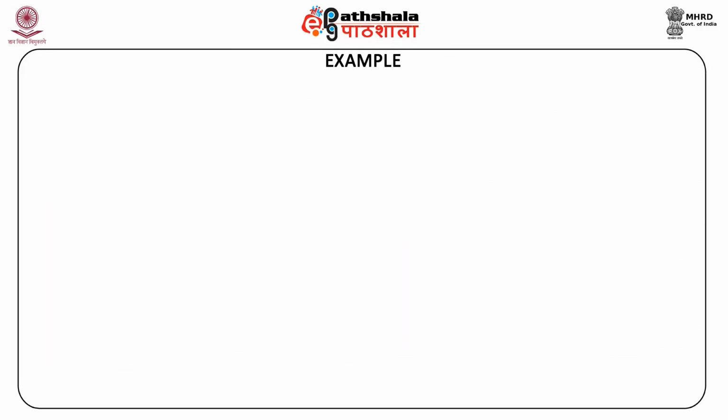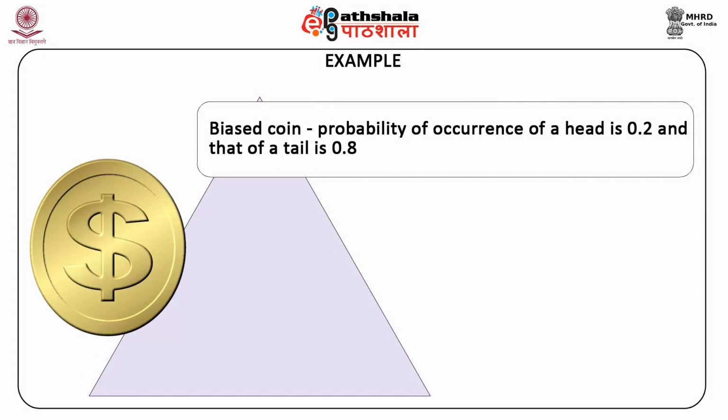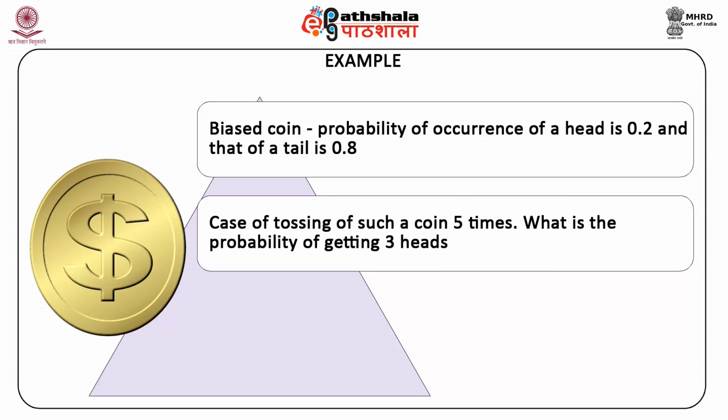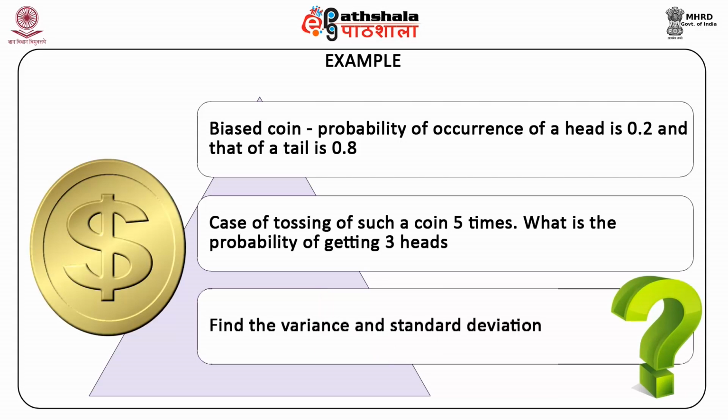Let us understand it with the help of an example. Consider the case of a biased coin where the probability of occurrence of a head is 0.2 and that of a tail is 0.8. Consider the case of tossing such a coin 5 times. What is the probability of getting 3 heads? Also, find the variance and the standard deviation.